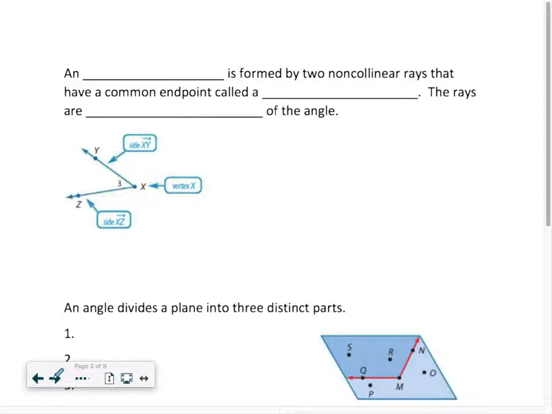Alright, an angle is formed by 2 non-collinear rays. So 2 rays that aren't on the same line form an angle. An angle is formed by 2 non-collinear rays that have a common endpoint called a vertex. The rays are sides of the angle.